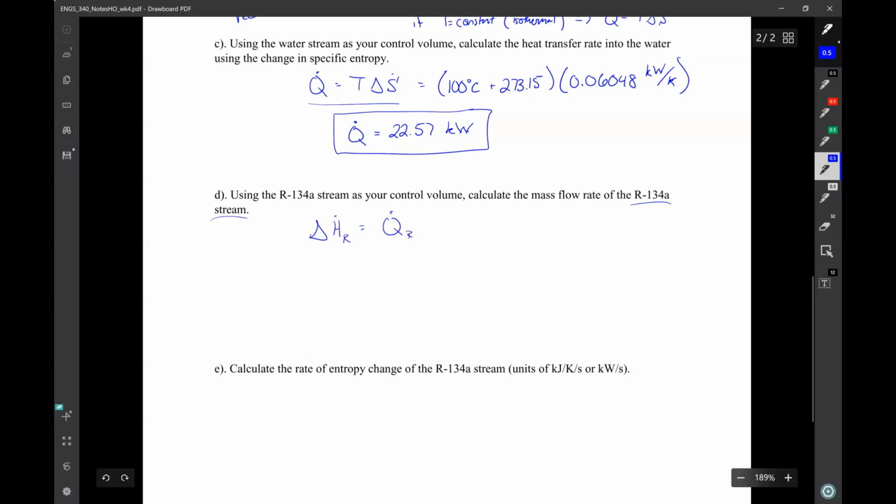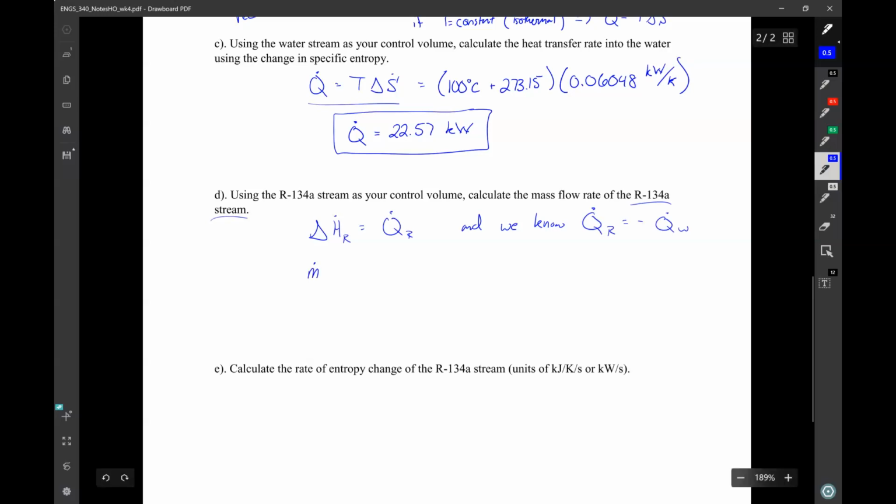Right, it's going to look the same. And we know that the heat from the refrigerant is the same magnitude but the opposite sign of the heat from the water, right? Heat is going into the water, it's going out of the refrigerant, so they're the same magnitude, just different sign.